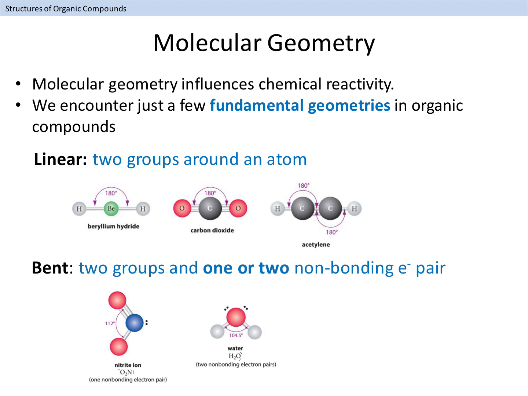Notice that when there is only one non-bonding electron pair on the central atom, as in nitrite, the bond angle is less compressed than in the water molecule, which has two non-bonding electron pairs on the central oxygen atom. This increased crowding causes smaller bond angles.